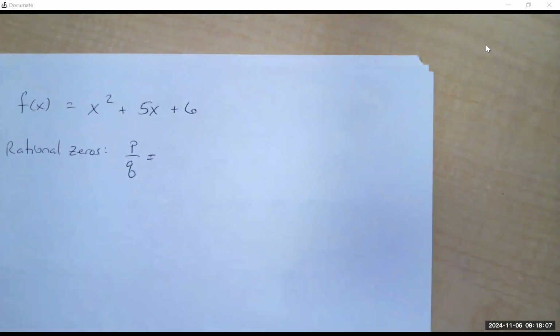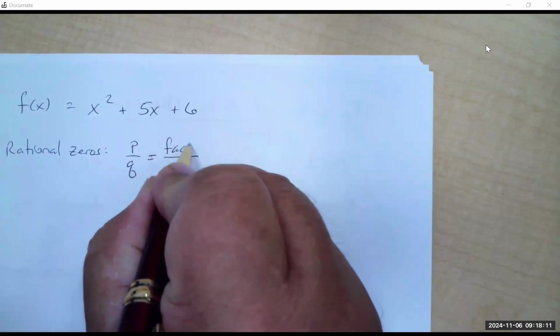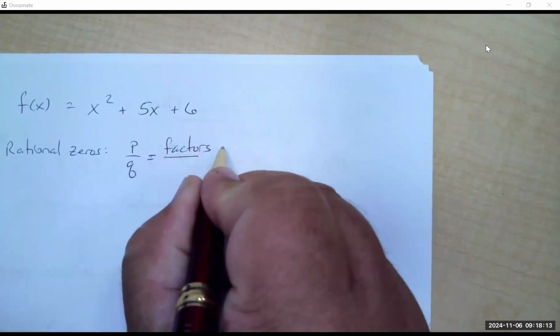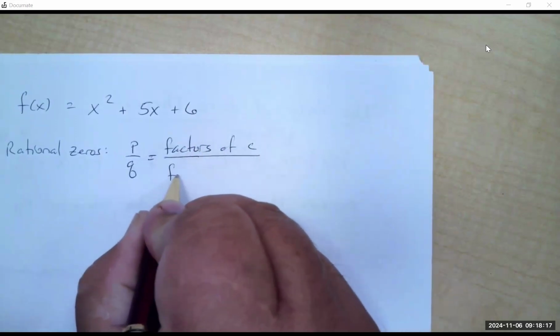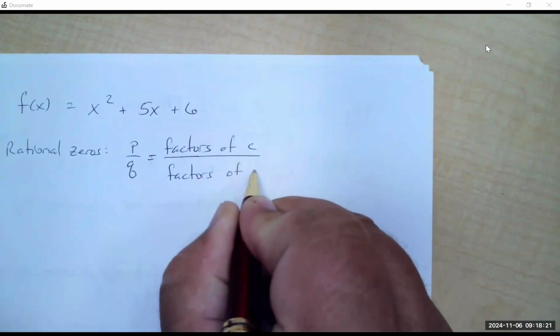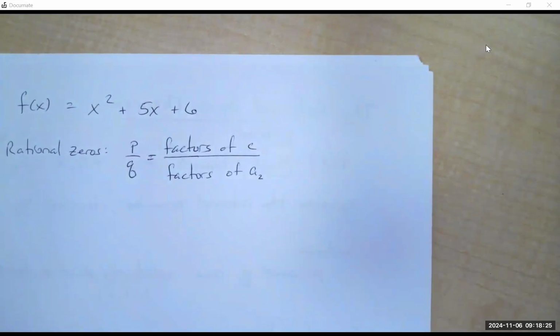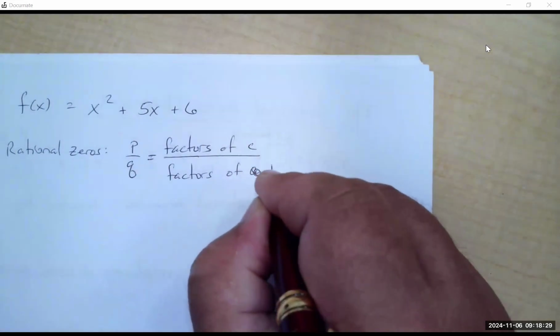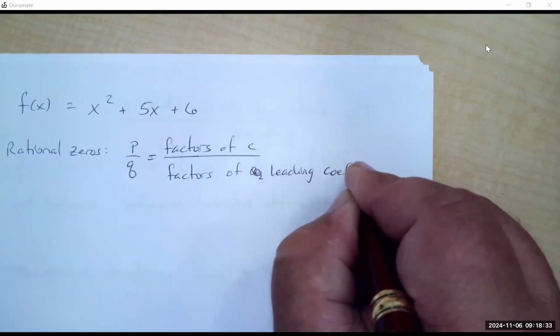So the factors of your constant, factors of A0, and your leading coefficient, factors of A2.